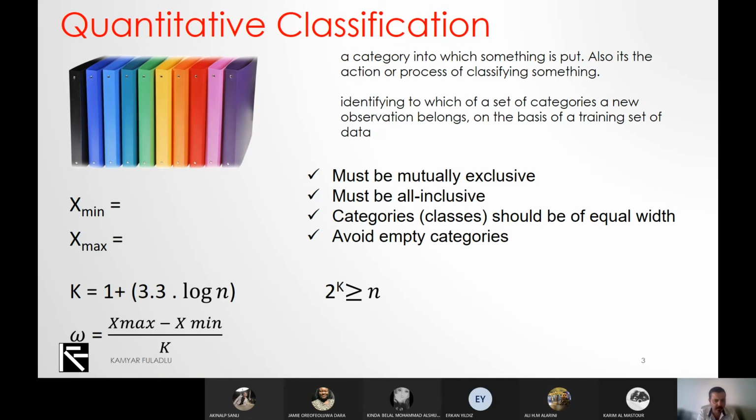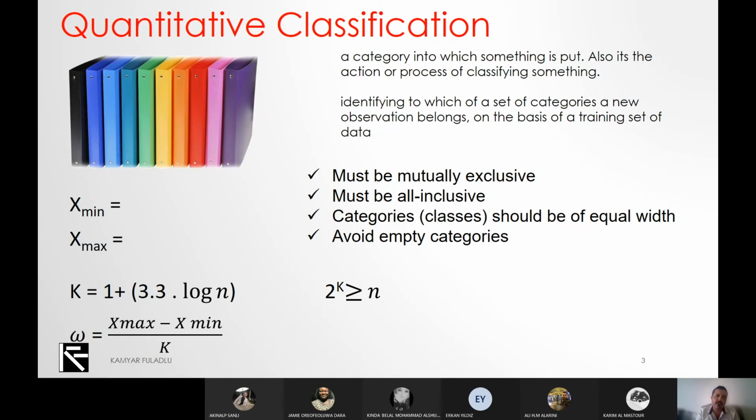So for instance, we have our class, and we want to classify all of the students, including me, based on a specific criteria. Or you have a library with a bunch of books, and you want to classify all the books based on certain criteria, for instance social science, humanity, engineering, etc. So you are able to classify.